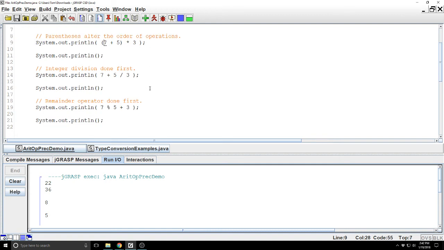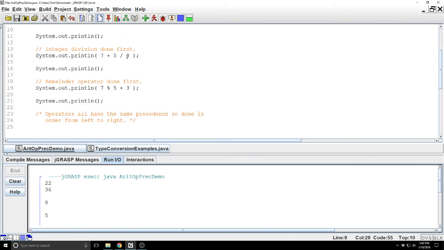The next example I have is 7 plus 5 divided by 3. Again, I'm going to scan through from left to right, looking for any multiplication, division, or remainder operators that I come across. I come across this one first, 5 divided by 3. Here you have to look: is this integer division or floating point division?